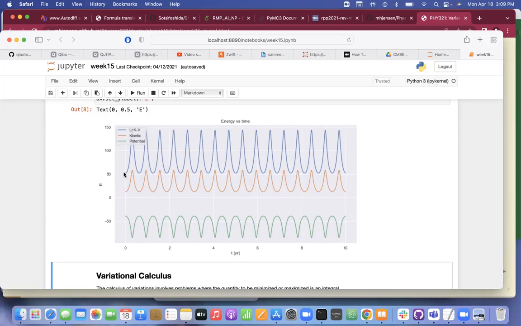However, in many cases it's easier to start with kinetic energy because that's the same irrespective of system, and then the only thing we need to sort out is the potential energy. So this formalism is also extremely powerful when we are looking at energy conserving forces, and we will see examples of this for the rest of the semester. We're also going to look at what's called constrained motion.